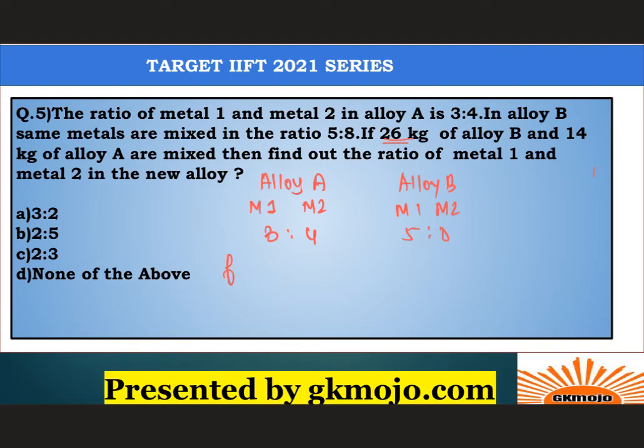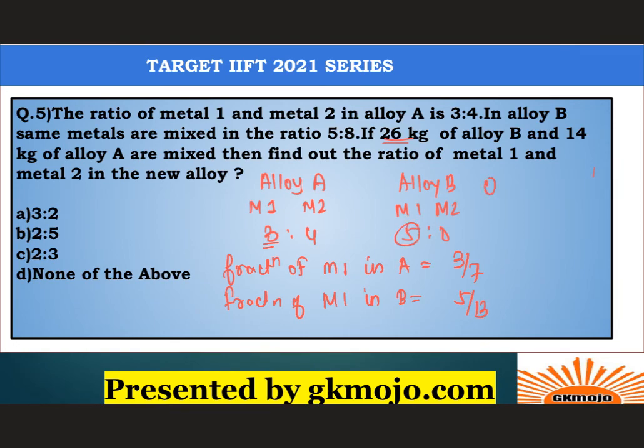So first of all, the fraction of M1, that is metal 1, in alloy A will be how much? It would be 3/7, that is 3 upon 3 plus 4. Similarly, the fraction of metal 1 in alloy B will be how much? It would be 5/13, right? How? 5 upon 5 plus 8, right?